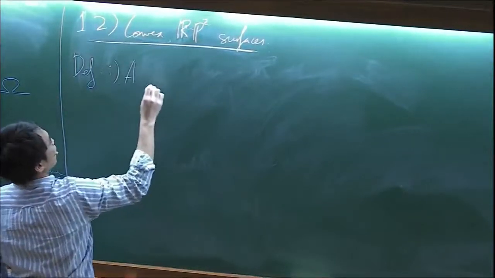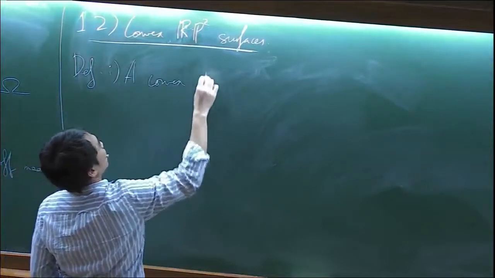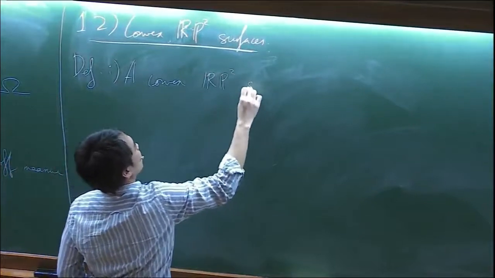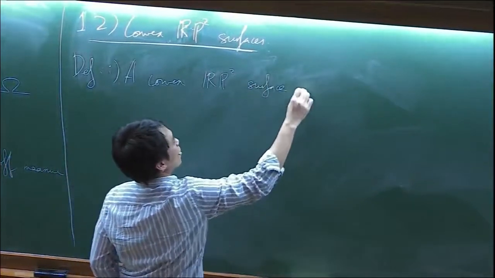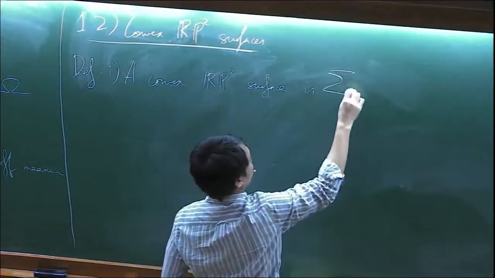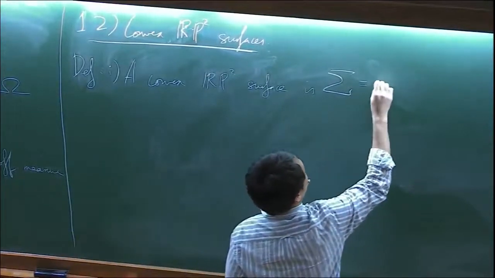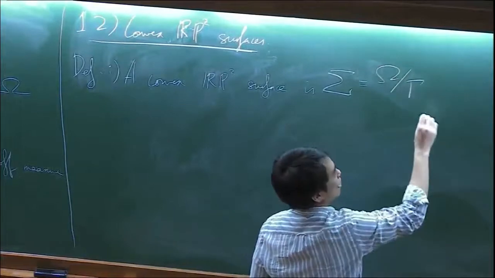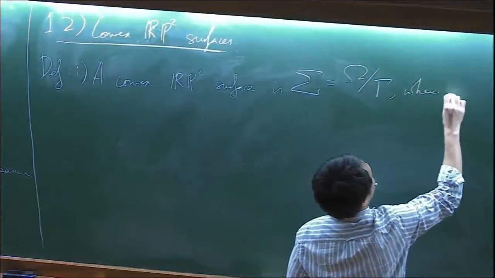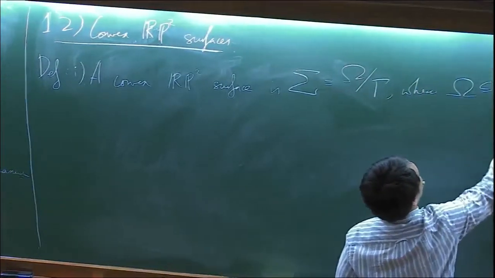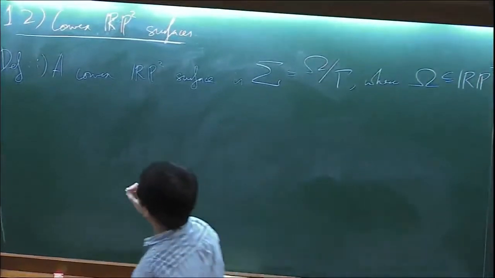A convex RP2 surface is, I'm usually going to use sigma to denote my convex RP2 surface, something of the form omega quotient out by gamma, right, where omega inside of RP2 is a properly convex domain.